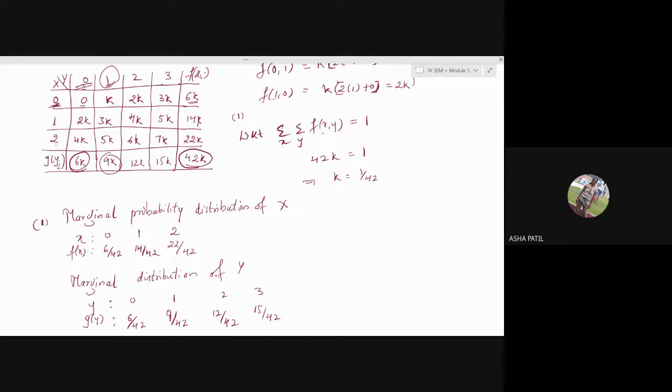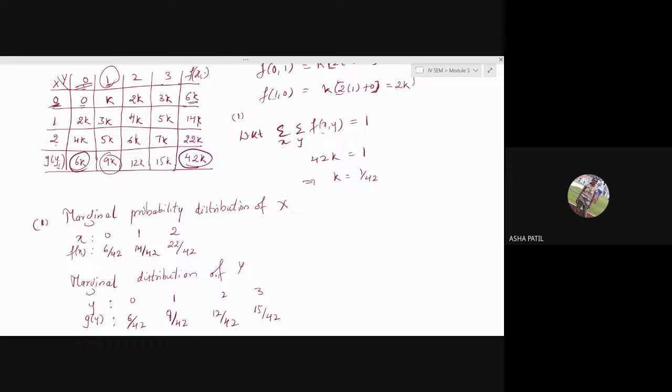To find covariance, you need expectation of xy, expectation of x, expectation of y, sigma x and sigma y. Is it necessary to find all that? Anything else could be done?